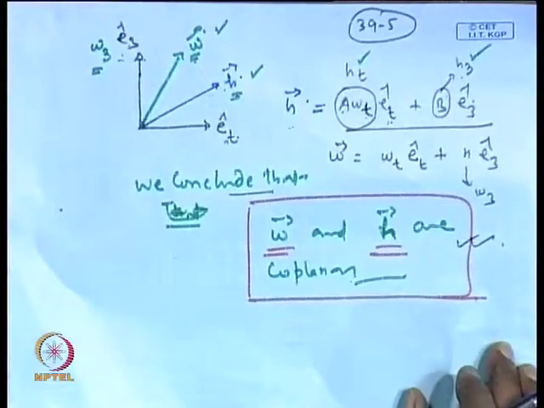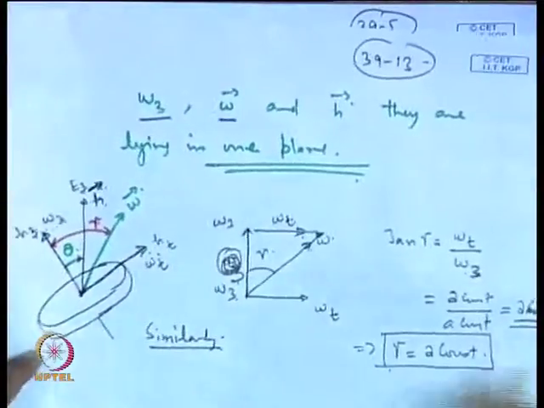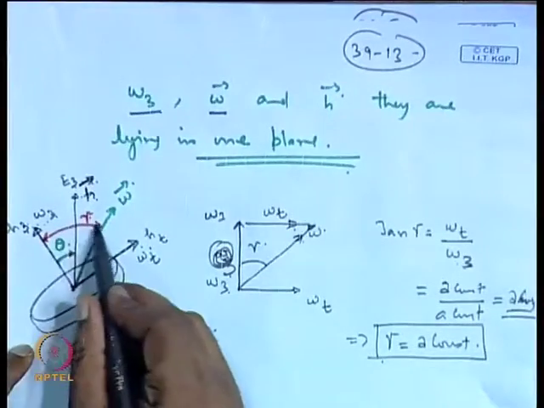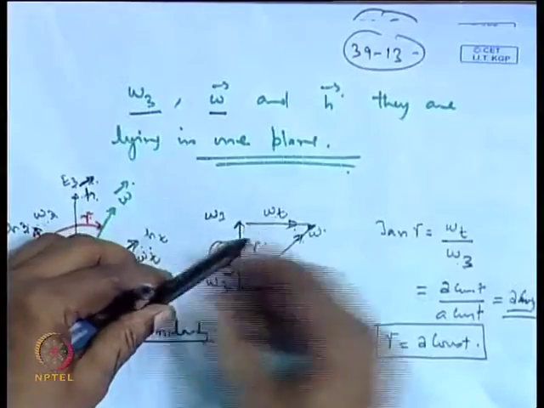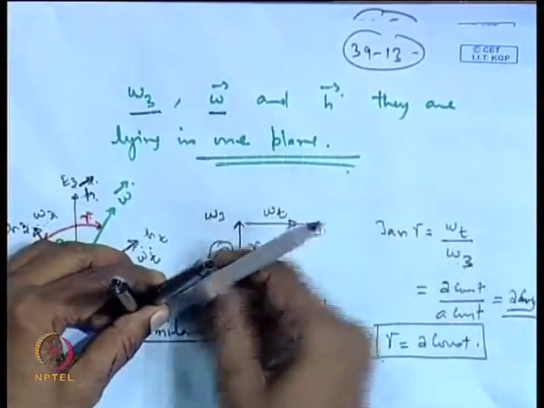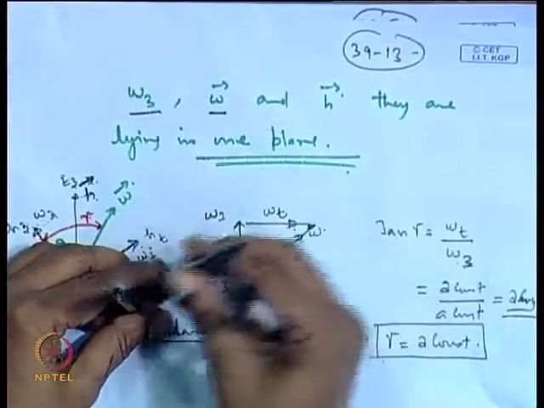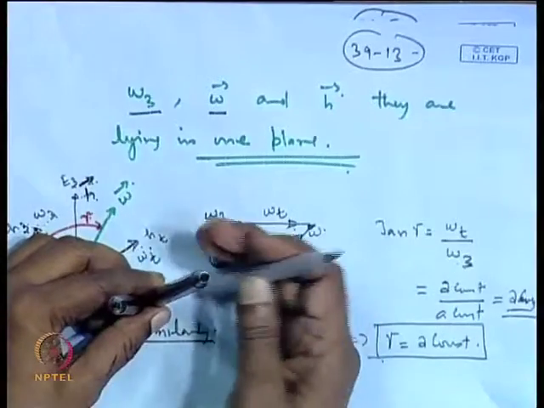So, ultimately what conclusion we are drawing, that this angle theta and this angle gamma they remain constant, means if this is your omega 3, this is the omega vector and this is the h vector. Okay.